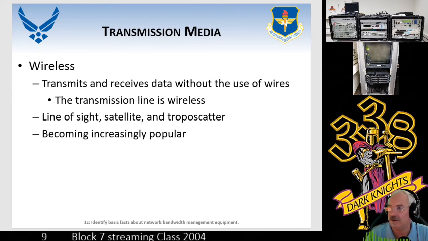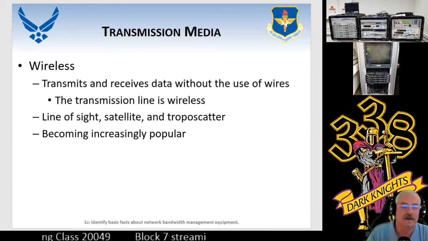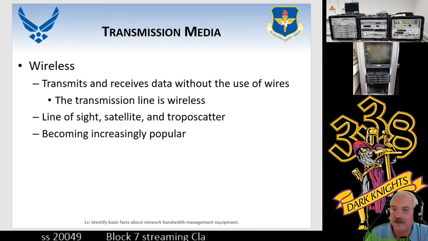The TISR, or the Jerk 239, is considered a line of sight. Same with satellite. And anything going over the troposcatter is considered over the horizon. So again, it's still wireless. Why does everybody like it, and increasing in its popularity? Because you're not walking around with a big line all the time.